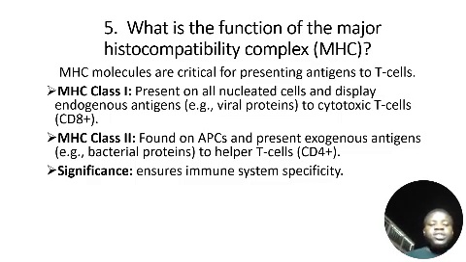Class 1 is present on all nucleated cells and displays endogenous antigens, for example viral proteins, to cytotoxic T cells, CD8 positive. Class 2 is found on antigen presenting cells and presents exogenous antigens, for example bacteria, to helper T cells. The significance is immune system specificity.